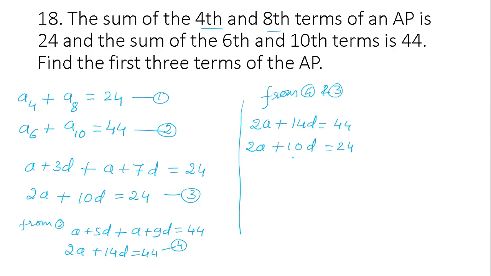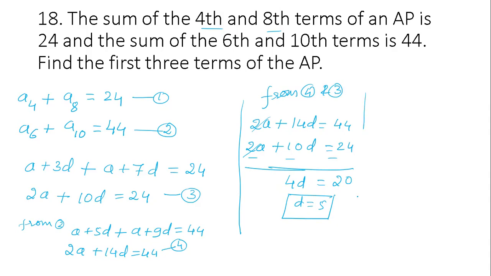Subtract 3 from 4. The 2a gets cancelled. 4d is equal to 20. D is equal to 5.